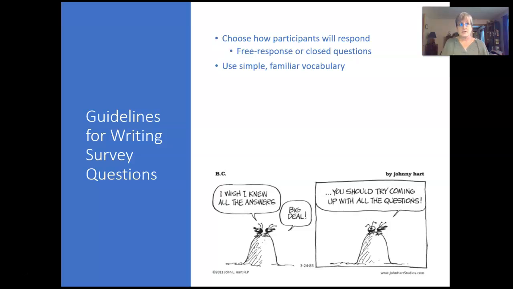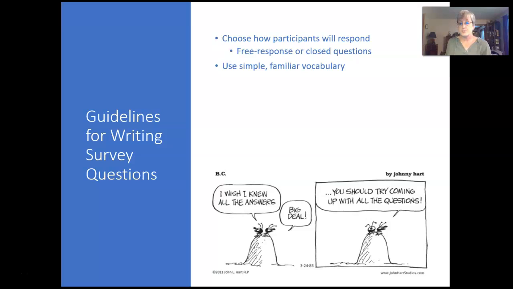I once had an advisor in graduate school who said, when you write survey questions, you aim for, and he would say, an 8th grade education, which I always thought was a little bit insulting, but his point was that you need to imagine your population and aim for language that everyone is likely to easily understand and not be confused by.